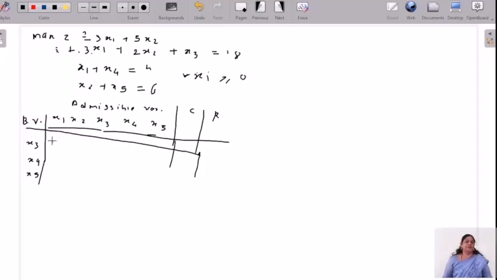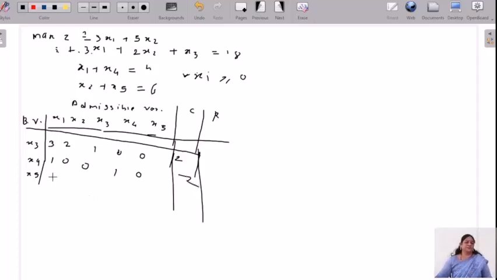Write the coefficient matrix 3, 2, 1, 0, 0 and right hand side constant is 18. Next 1, 0, 0, 1, 0, right hand side constant is 4.